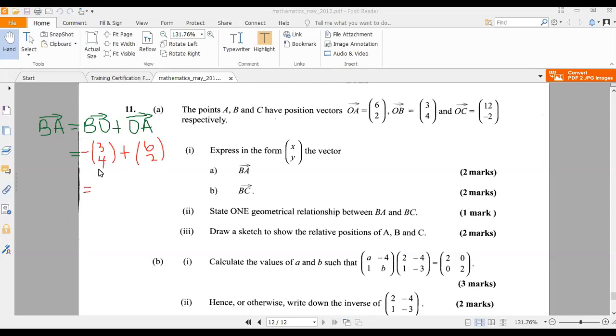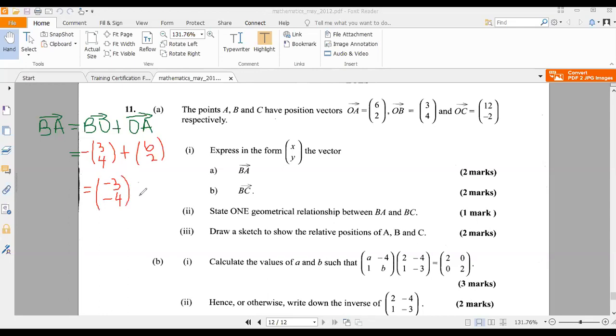This negative will affect both up and down, right? The top would have been -3 and the bottom would have been -4. Everybody agree with me? Then we are going to add with the OA.